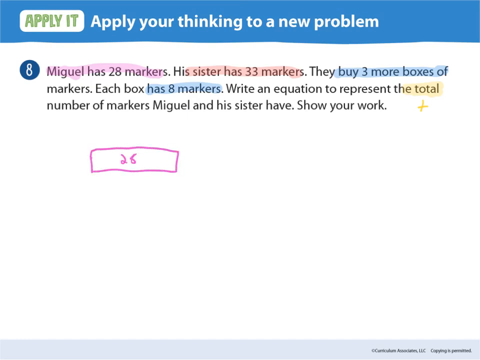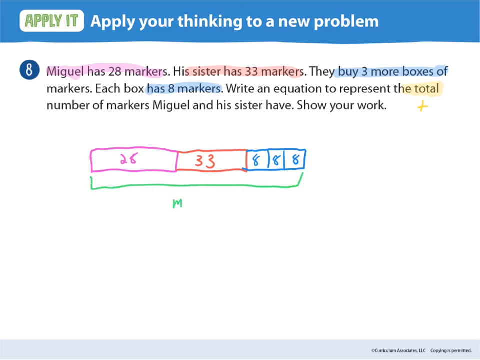So Miguel starts off, he has 28. Sister has 33. They go ahead and buy 3 boxes with 8 in each one. How many markers do they have? That's what we're trying to figure out. All it is. So let's think about this.